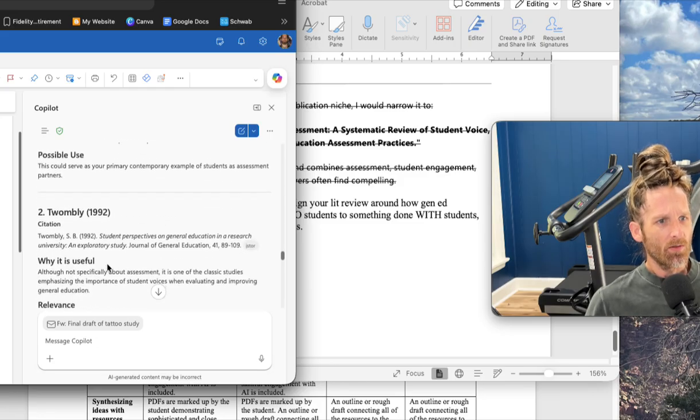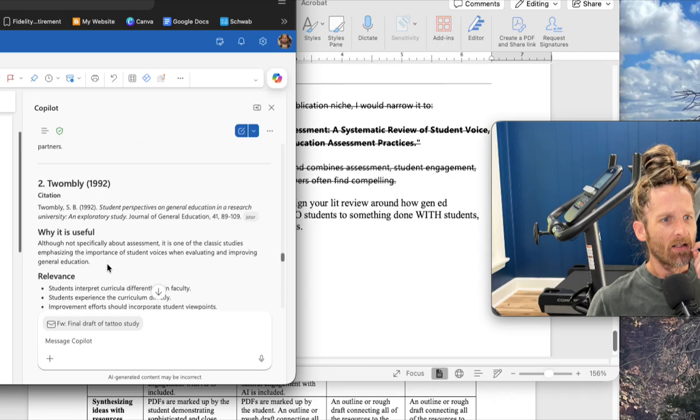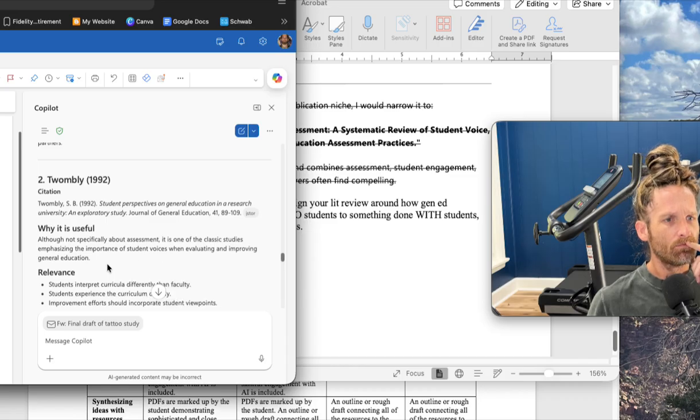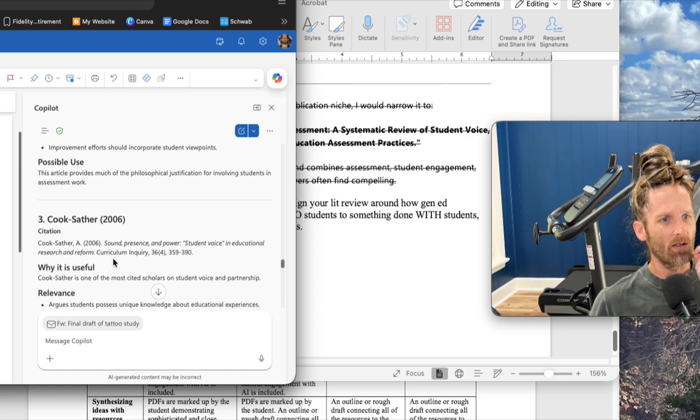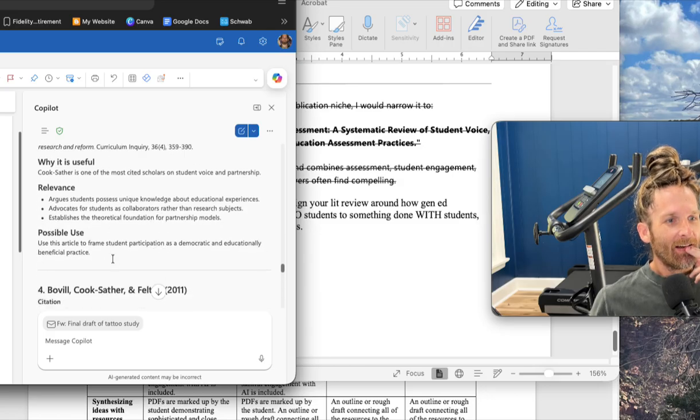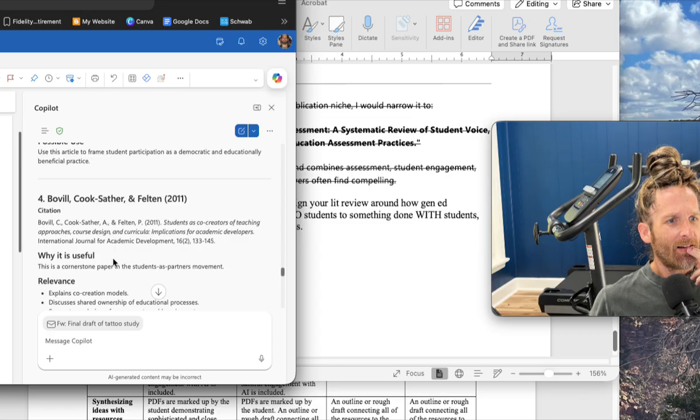Twombly, 1992. So this is one of the older historical documents. Student perspectives on Gen Ed. Oh, wow. So this happened like 35 years ago. Cook-Sather, I actually quoted in my previous lit review, so that's interesting. Students as co-creators of teaching approaches, course design, and curricula.